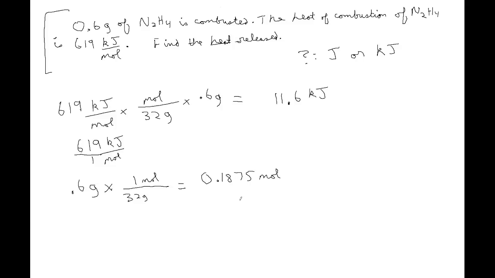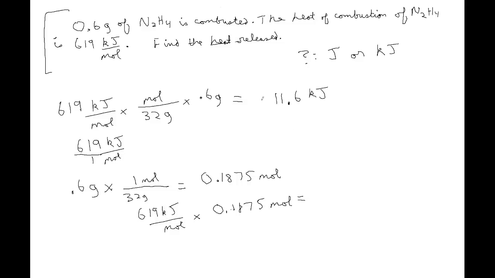Well, since we know that's how many moles of N2H4 combusted, we can take 619 kilojoules per 1 mole and then multiply that by 0.1875 moles of N2H4. And that'll give us 116 kilojoules. Whoa, what happened? We didn't get the same answer as before.